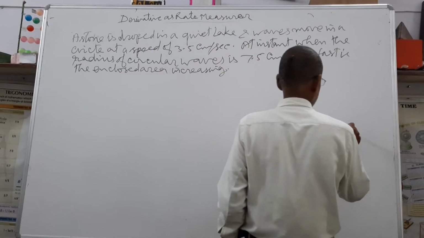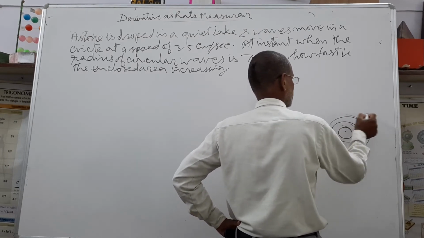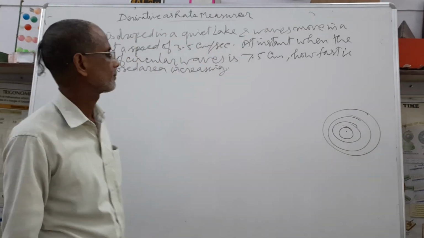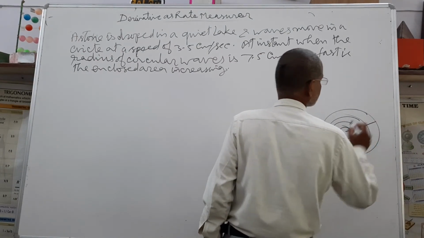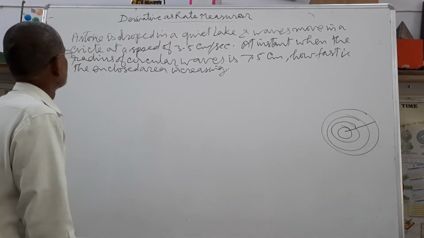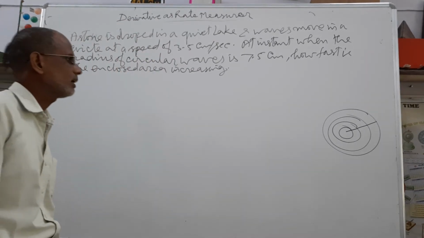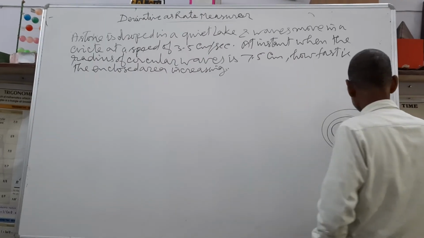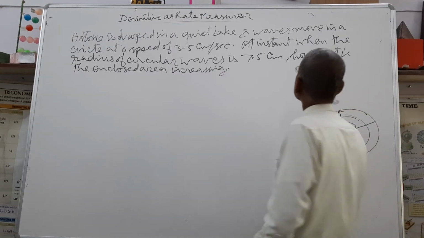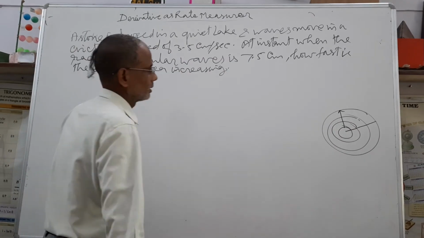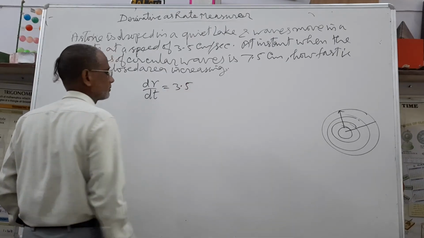If you drop a stone in quiet lake, still water, circular rings spread towards the boundaries in this form, and the radius of water wave increases continuously. Waves move in a circle at a speed of 3.5 centimeter per second. That is, dr dt is equal to 3.5.